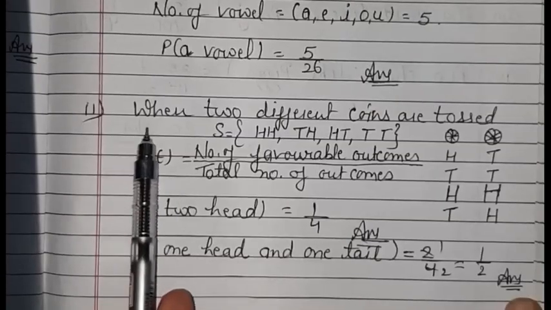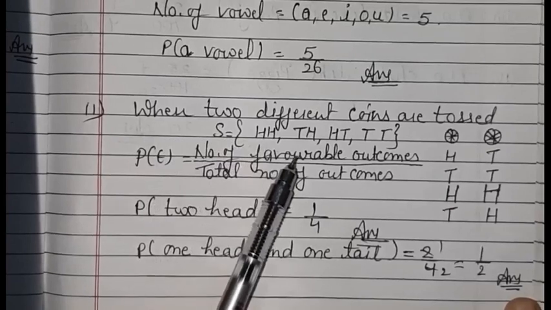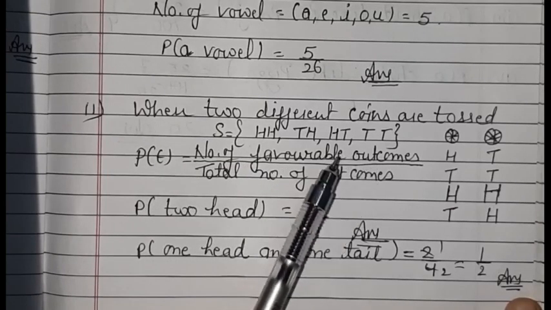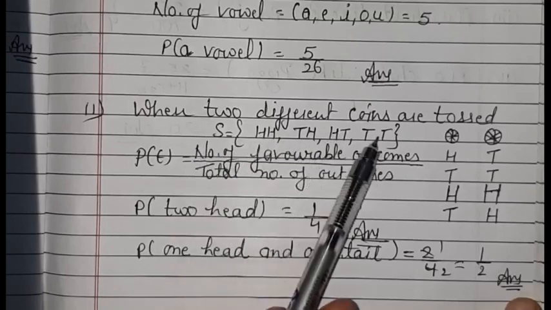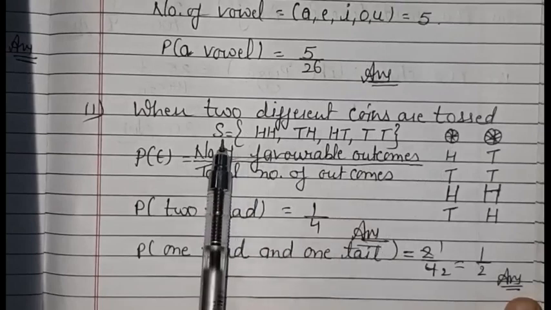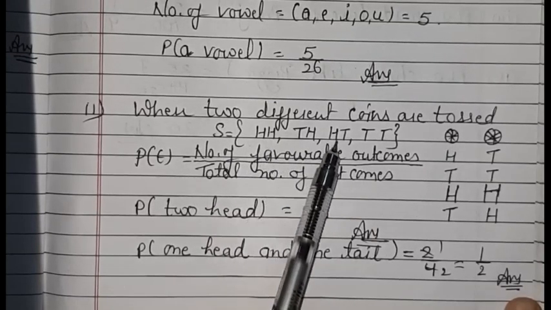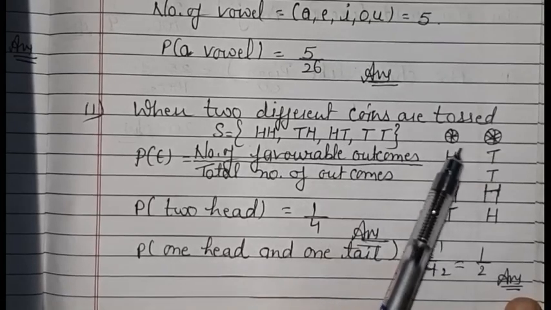Now come to sum number 11. When 2 different coins are tossed together, what is the probability of getting 2 heads, 1 head and 1 tail, and 2 tails? When 2 different coins are tossed, then the sample space is head head, tail head, head tail, tail tail. We are tossing the 2 coins.